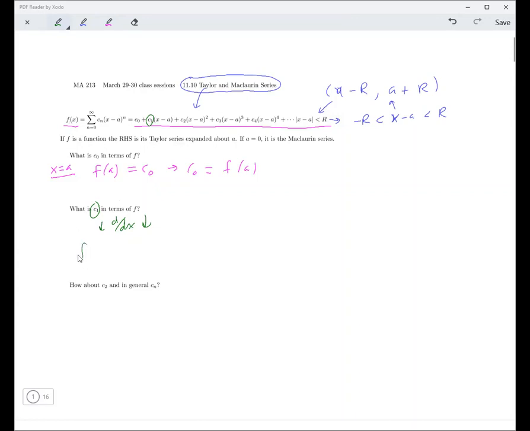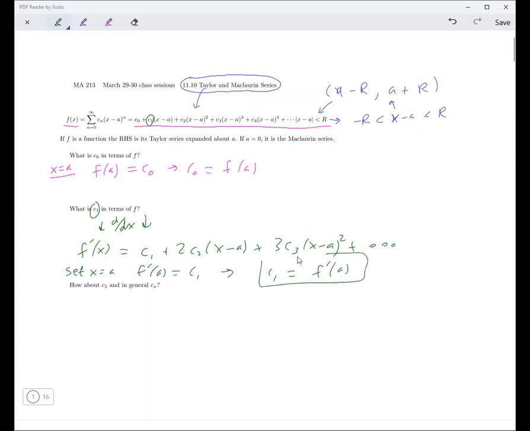The derivative of the left-hand side is f prime of x. The derivative of the right-hand side, this goes away. You're just going to get c1 plus 2 c2 times x minus a, and so on. Then you set x equal to a, and that gives you f prime of a equals c1. So c1 is f prime of a, would be the answer to this question right here, whereas this c0 is f of a.